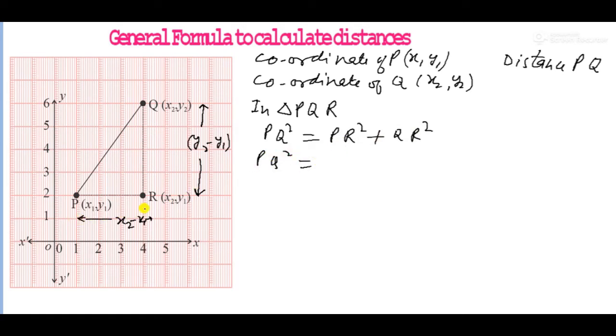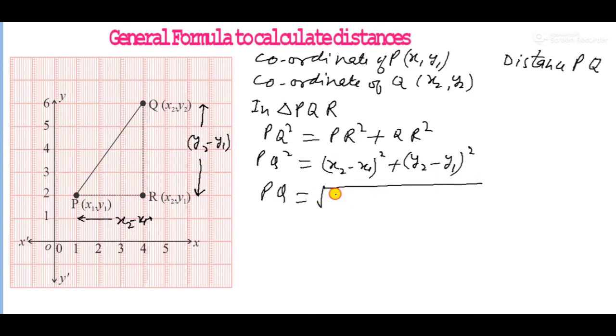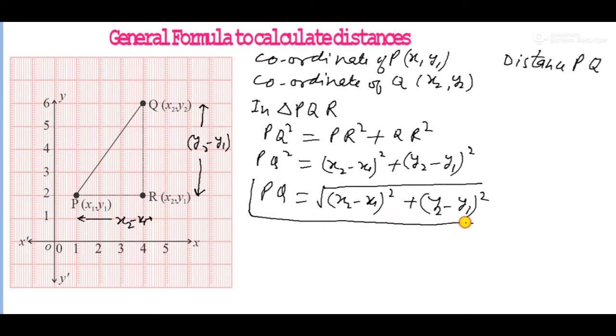Now put the values. PR is x2 minus x1, so you can write (x2 minus x1) whole square plus QR, which is y2 minus y1, whole square. So PQ is given by the square root of (x2 minus x1) whole square plus (y2 minus y1) whole square. So this is the formula for the distance.